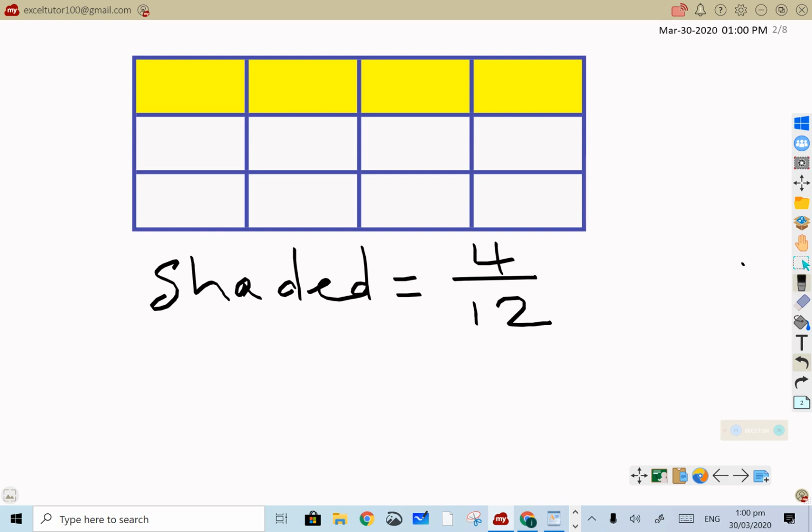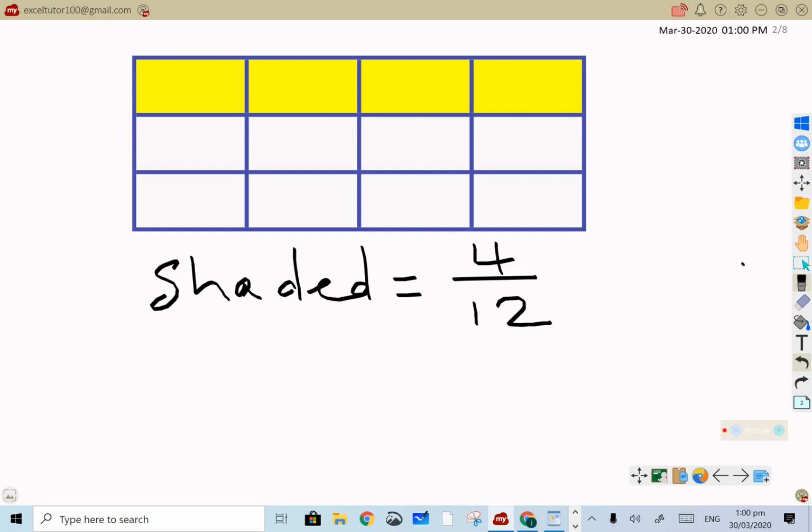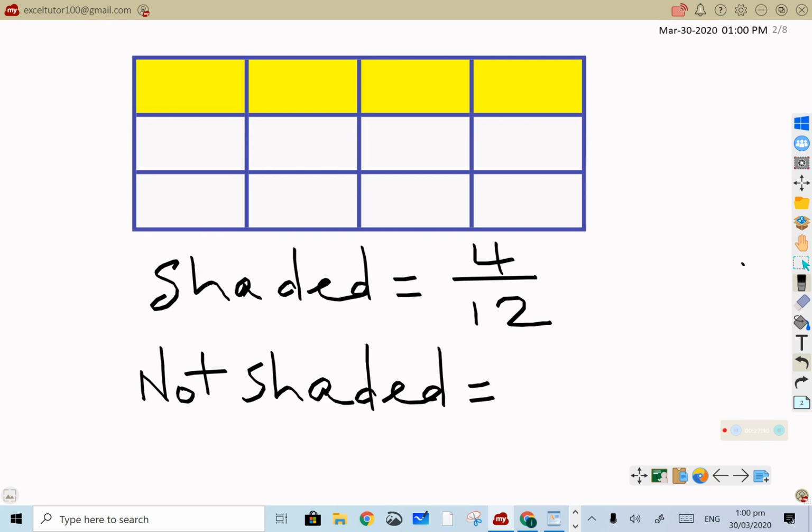And if they ask us for not shaded, again our denominator will be the same. Our numerator, however, would be the remainder, or what will be obvious to you that is not shaded, which will be 8. So we have two fractions here.